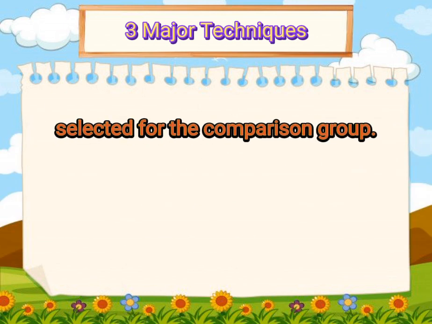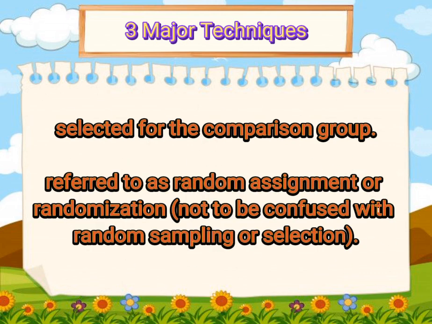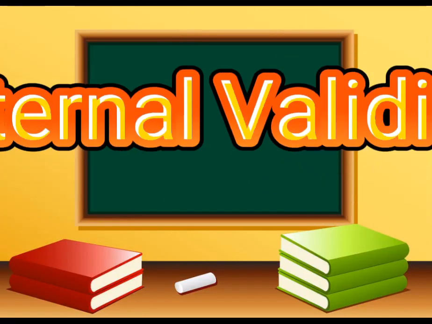The third and best technique for equating two or more groups before the experimental treatment begins is referred to as random assignment or randomization, not to be confused with random sampling or selection.